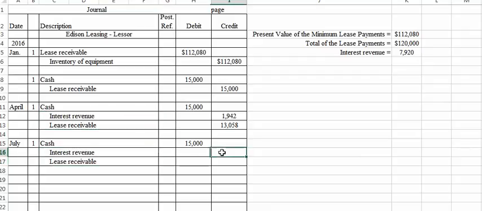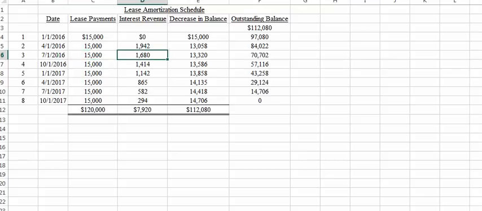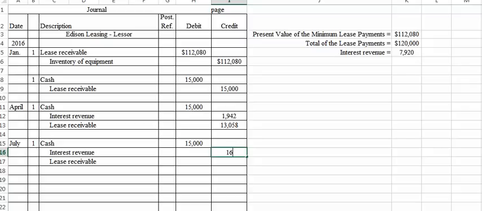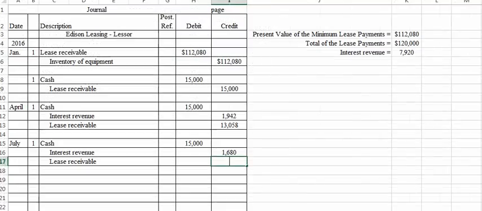Alright, interest revenue earned would be the $1,680. And then the decrease to lease receivable will be the amount of the decrease in the balance, $13,320. Okay, that takes care of the July 1st entry.